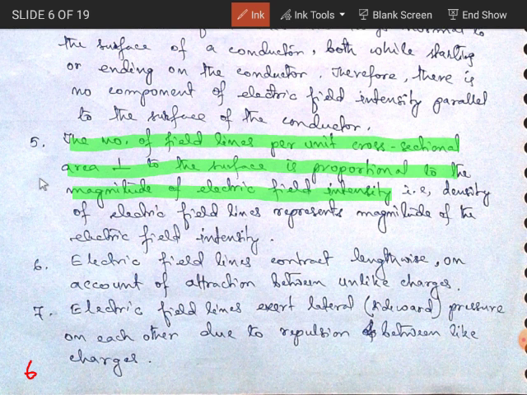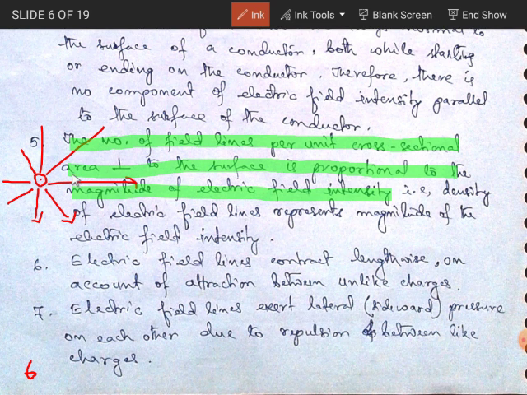For example, if this is a point charge, a small point charge, let me draw a circle like this just to represent a sphere. Your electric field lines will be coming out like this in all directions. I will not draw all those arrows, but you think that it is coming outward like this, right?